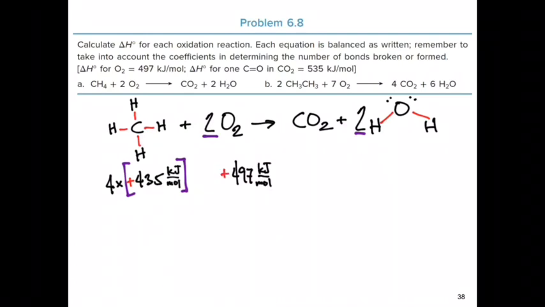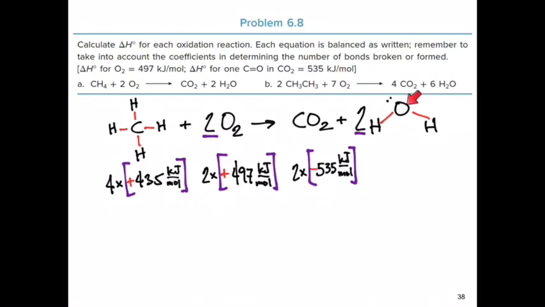And since we have 2 oxygen molecules, we're going to have to multiply 497 by 2. And then for the carbon dioxide here, you can see that it would release 535 kilojoules per mole of energy per 1 carbon to oxygen double bond. And since we have 2 carbon to oxygen double bonds, we're going to have to multiply this by 2 as well.